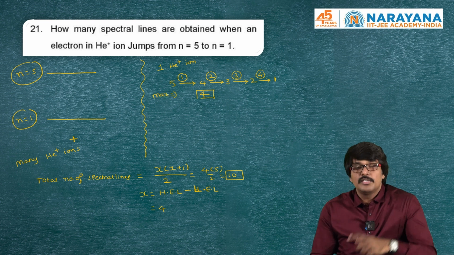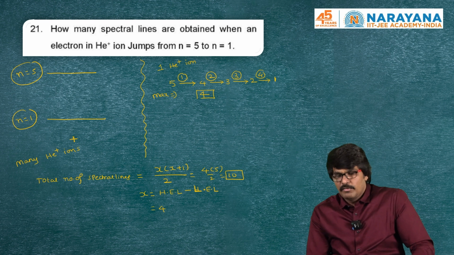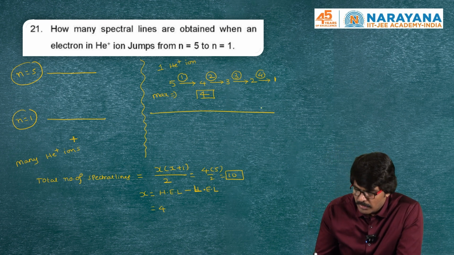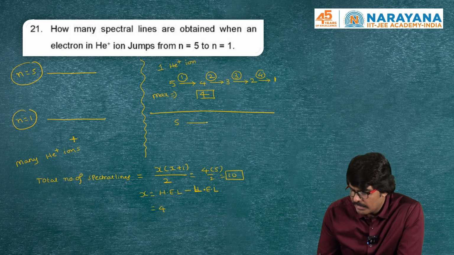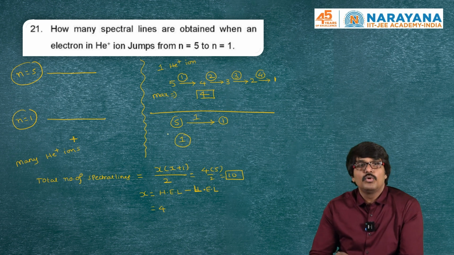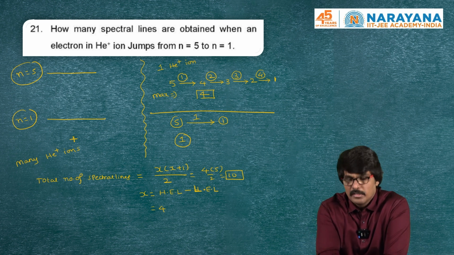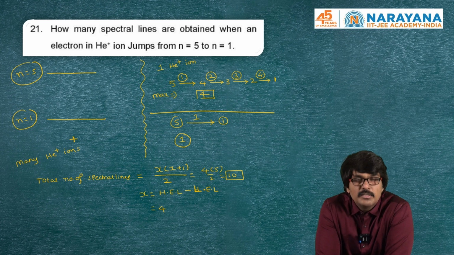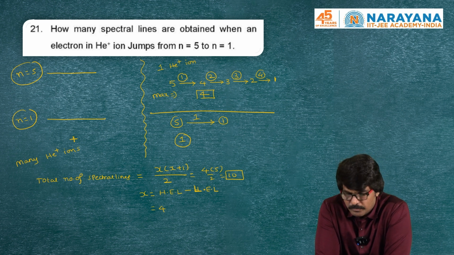That means if there is only one He+ ion, the maximum number of spectral lines is 4. And if that electron directly jumps from the 5th orbit to the 1st orbit, there is only one spectral line, which is the minimum number of spectral lines. Already told you, all the questions were extracted from the memory of the student. There might be some difference in the exact question, but here there is some ambiguity.